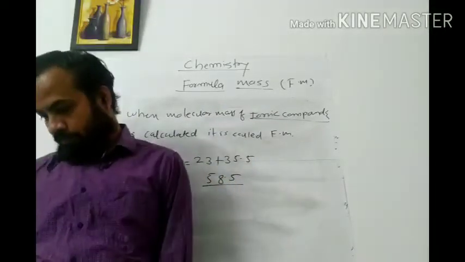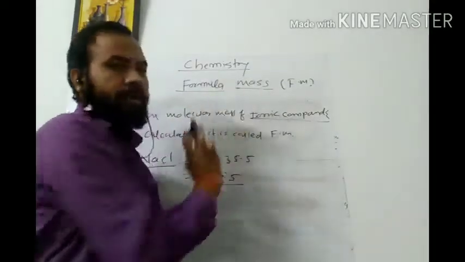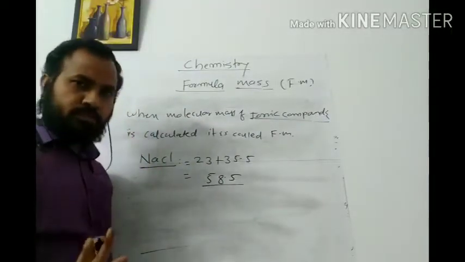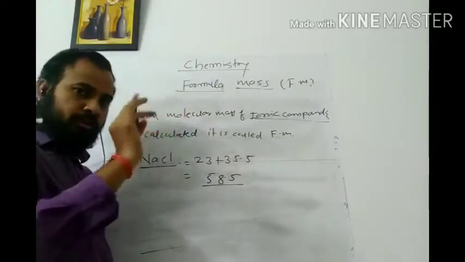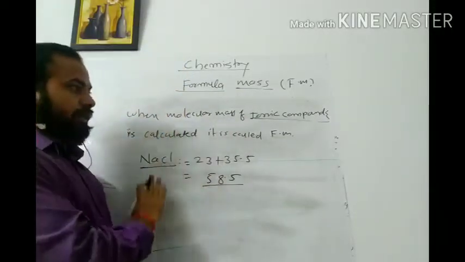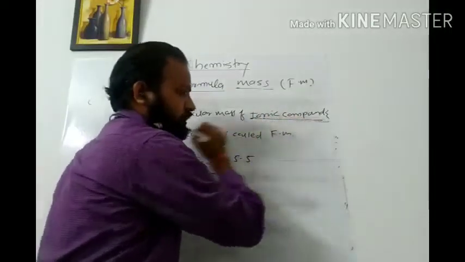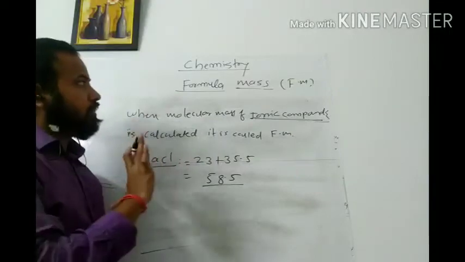So 58.5 is nothing but the formula mass of NaCl. The same procedure is there as we calculated the molecular mass. We calculate molecular mass only, but when we calculate the molecular mass of ionic compounds, it is called formula mass. This word is important here.